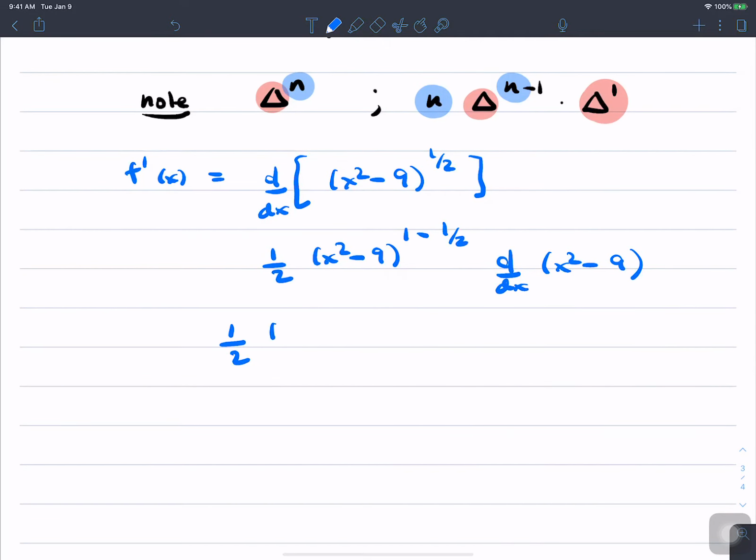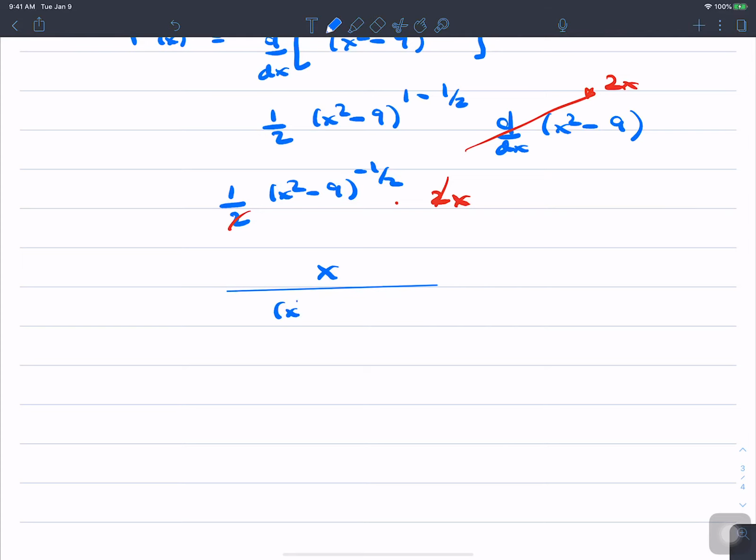And you differentiate x squared minus 9 and you get a nice 2x. So that's the chain part times that 2x. So the 2's will cancel. And you'll have an x over (x squared minus 9) to the positive 1/2. Okay, so the final answer here is f prime x is x over the square root of x squared minus 9.